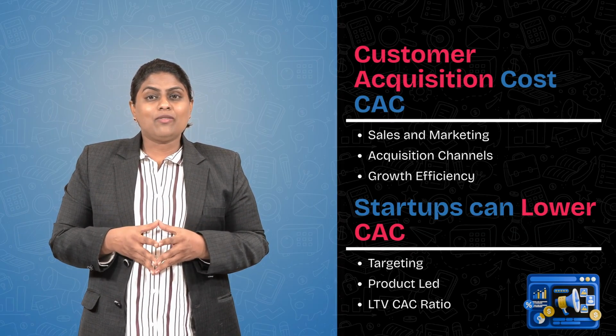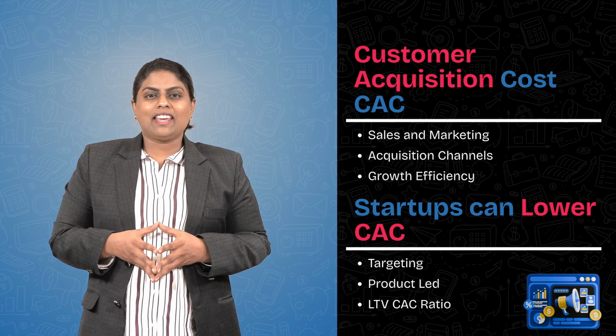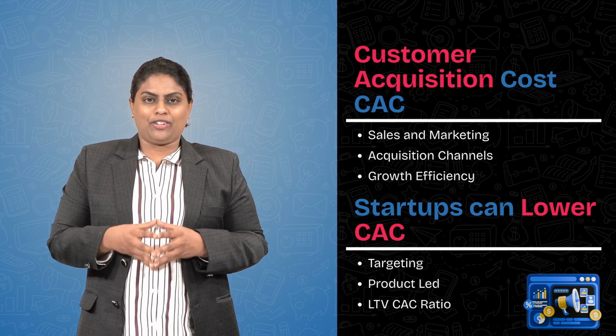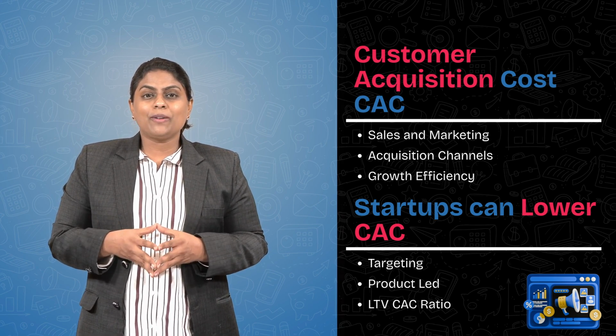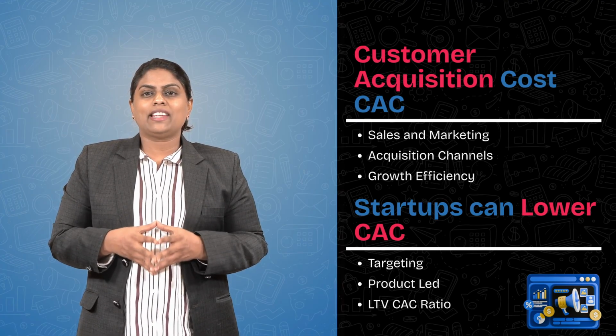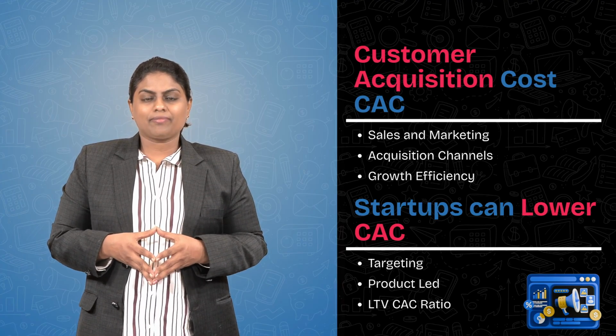Over time, investors expect CAC either to decline through efficiency gains or to remain stable while LTV and average contract value increase, so that the LTV to CAC ratio improves.